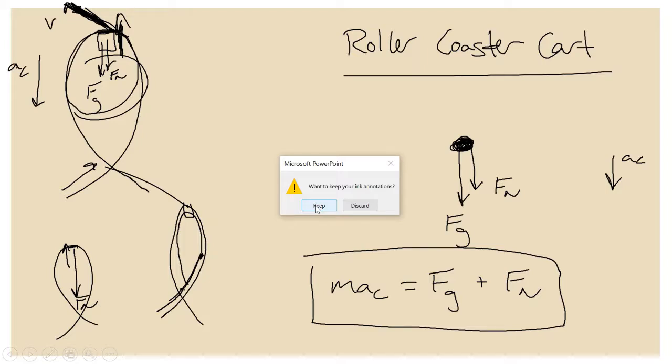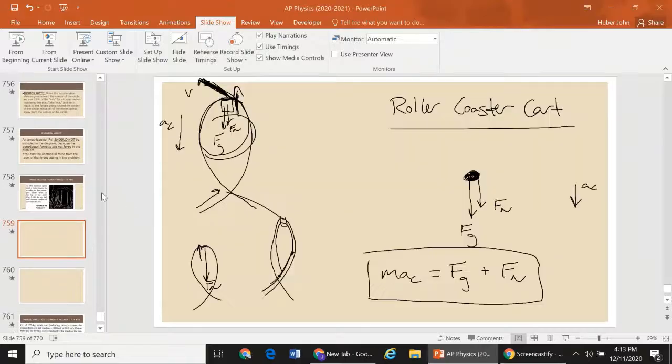In other words, what is the speed at which the cart can make it around the loop while still having a zero normal force? It basically means it's just making it around the loop, and it's not really pushing into the surface, because it's going just fast enough that gravity is going to bring it right back down the other side. It's not really going to have to push into the top of the track.